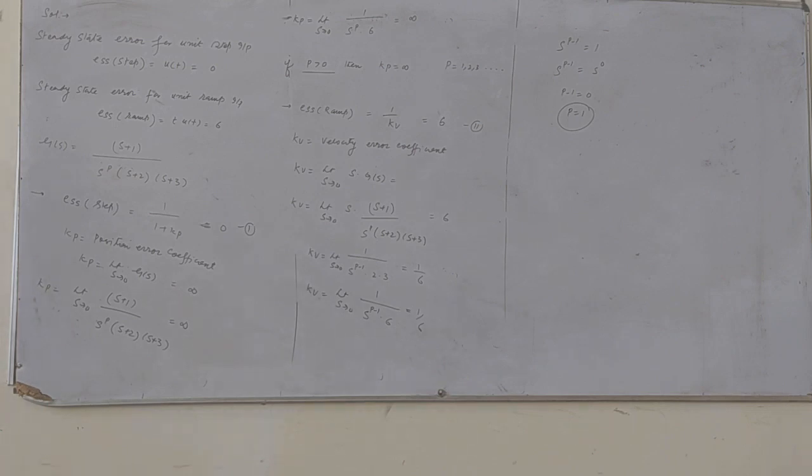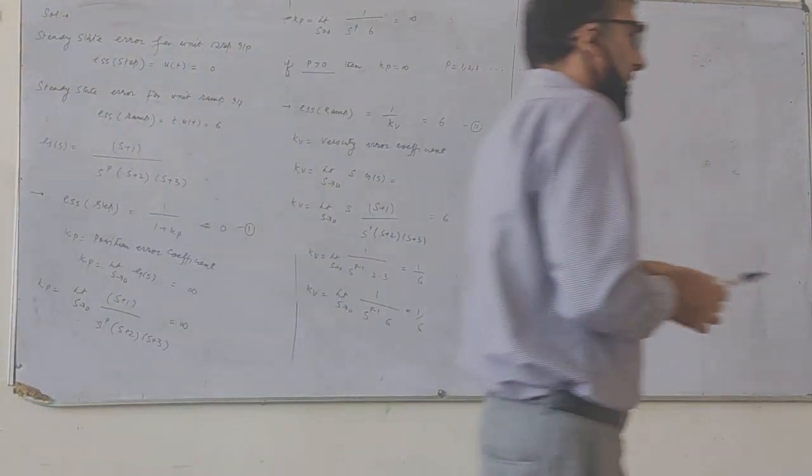Consider a closed loop transfer function g of s, h of s, with a negative unity feedback given. H of s should be 1, very clearly. The steady state error in output for the unit step input is? I'll give 2 minutes for everybody to solve this question. Actually 1 minute is enough.